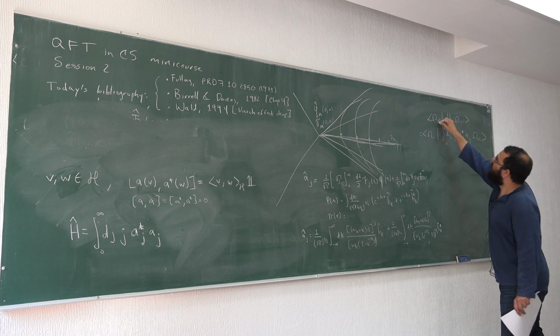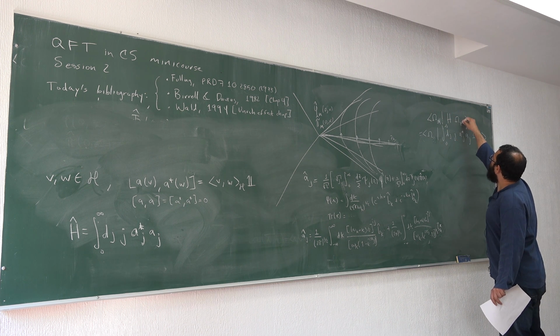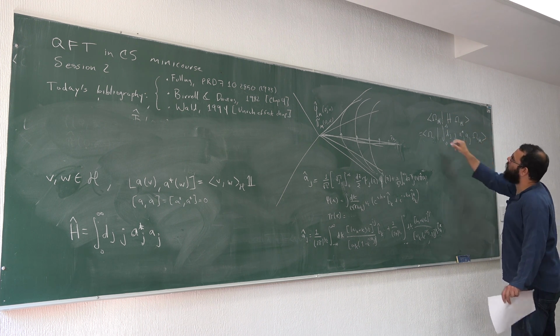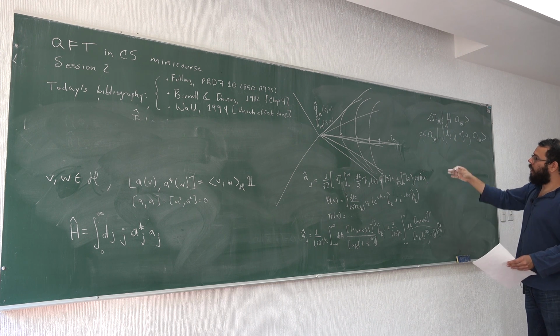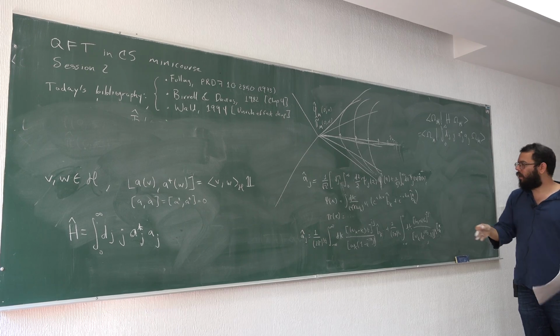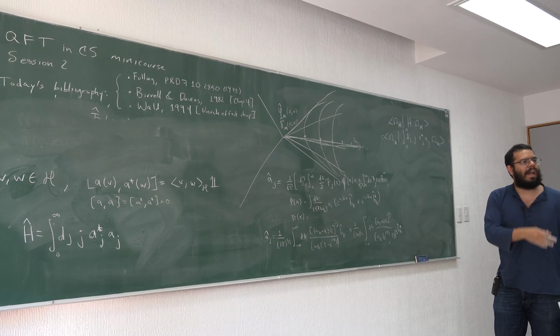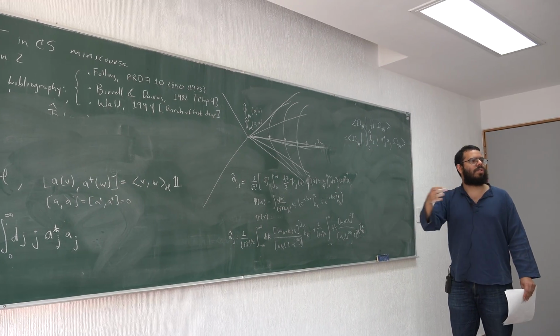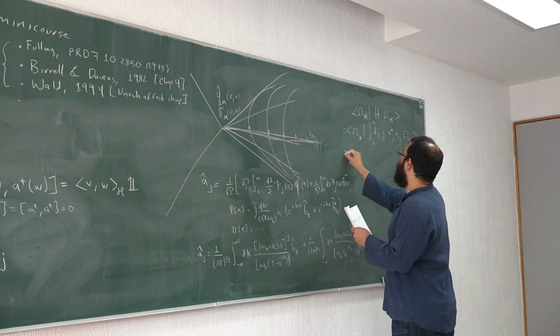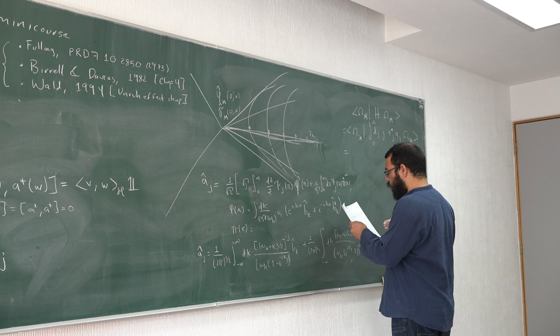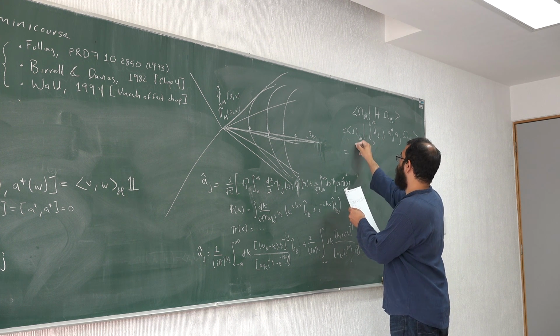But let's think of the Minkowski vacuum. How does the Minkowski vacuum look in our theory? Okay? And you can do a bunch of algebra using this Dirac orthonormality and delta resolutions, and it's just a very straightforward calculation. And what you get is the following.